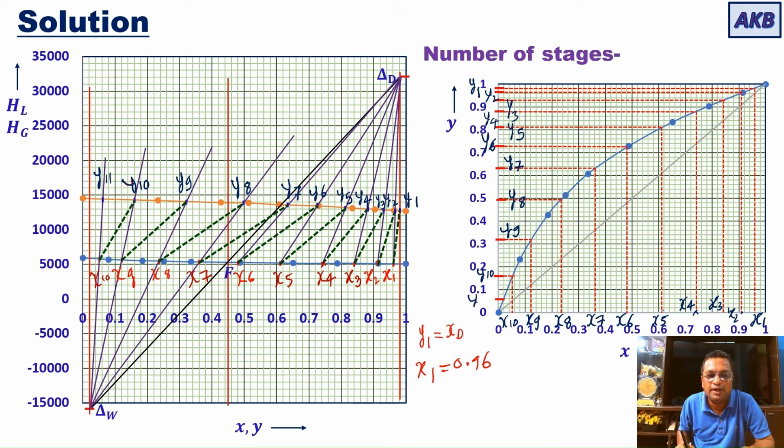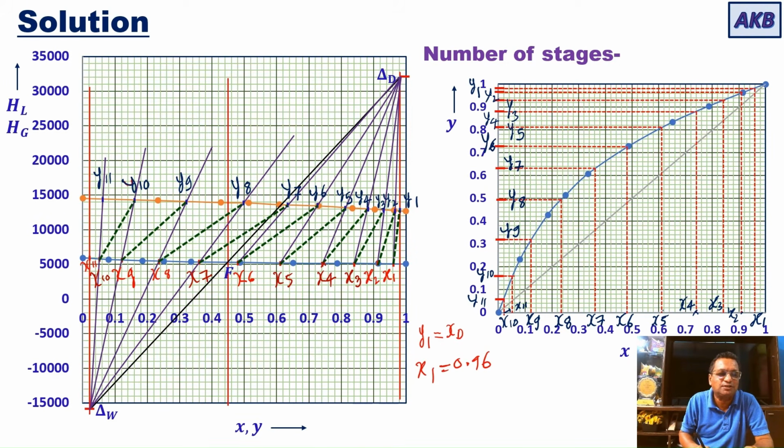I will locate y11 and then get the corresponding value of x11. So over here I get x11. It is almost 0.02. So I will locate that x11 over here. That will be x11, which is equal to 0.02. Then through x11 I will draw the construction line.